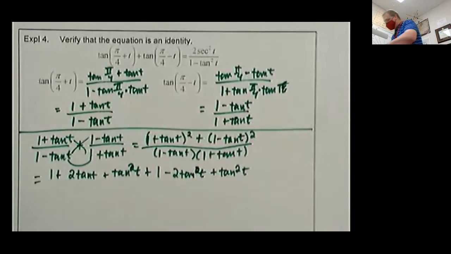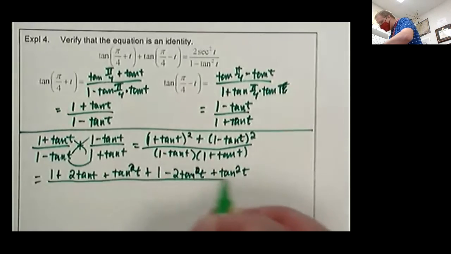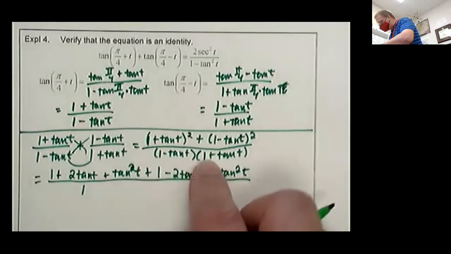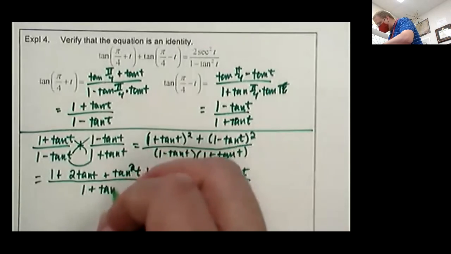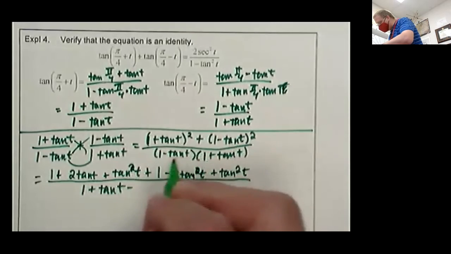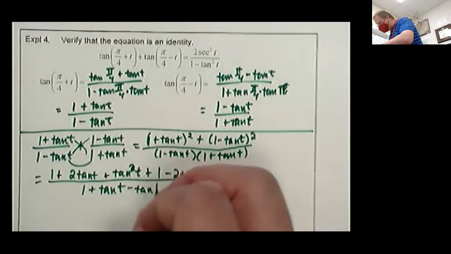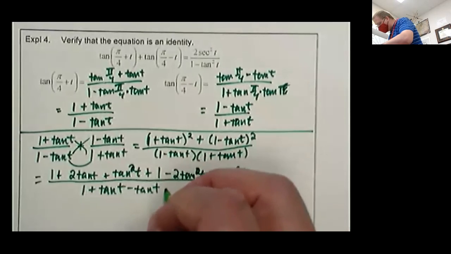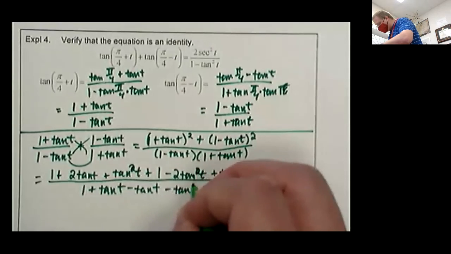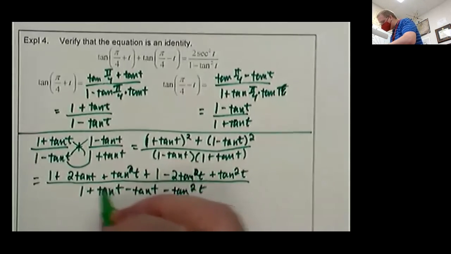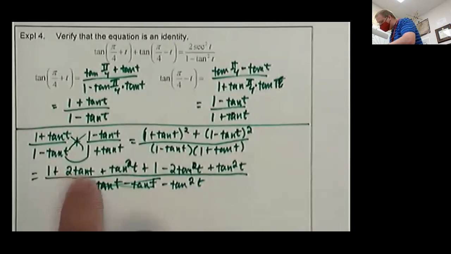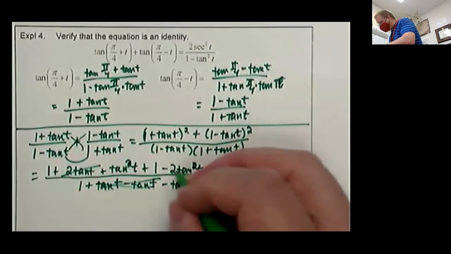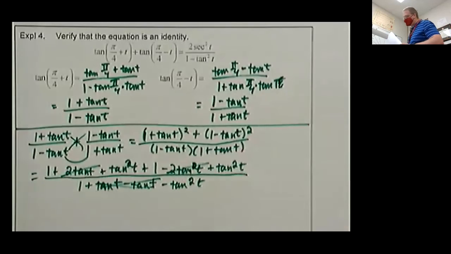In the denominator, when we FOIL, we're going to get 1 times 1 is 1. 1 times positive tangent of t is tangent of t. 1 times negative is minus tangent of t, minus tangent squared of t. And what happens? Well, tangent t's cancel in the denominator. In the numerator, a plus 2 tangent t cancels with a minus 2 tangent of t.